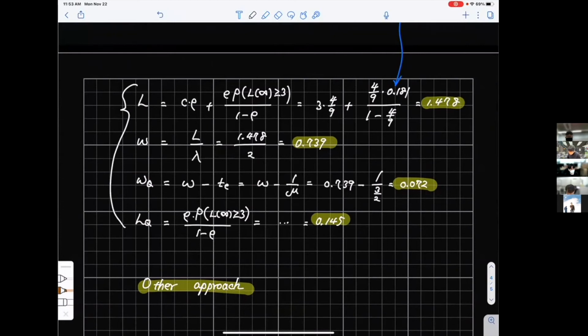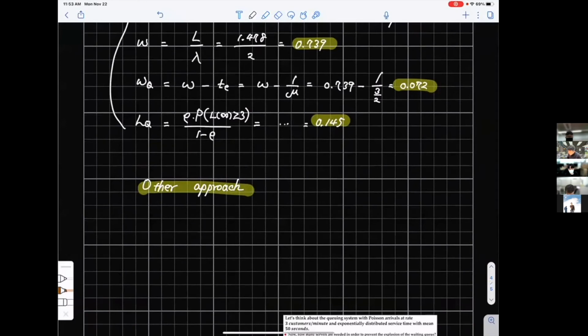Anyway, let's see how this can be calculated by use of the Kingman formula, applied Kingman formula.